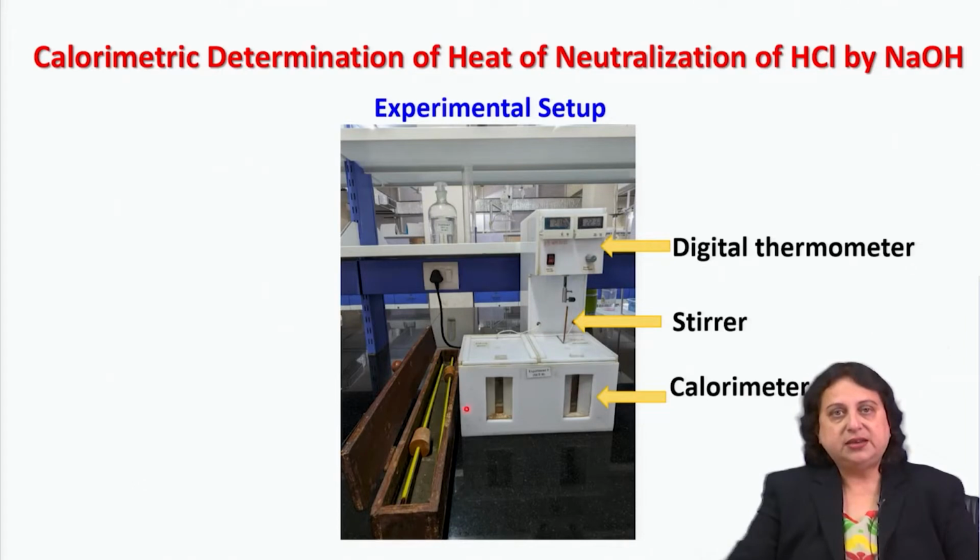In the calorimeter, as shown by these two small windows, there are two compartments which are separate from each other. And this digital thermometer is connected to both the compartments, and this display shows the temperature of the left hand side compartment, while this display shows the temperature of the right hand side compartment.